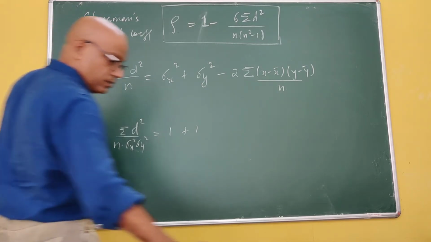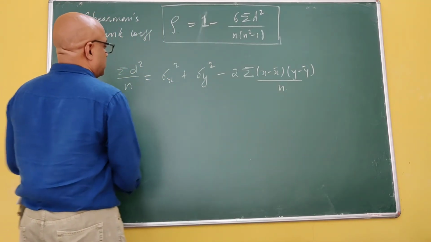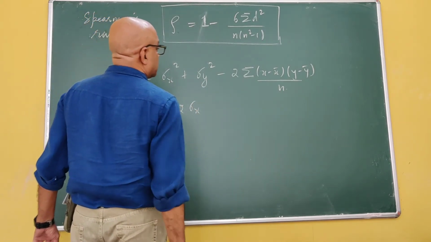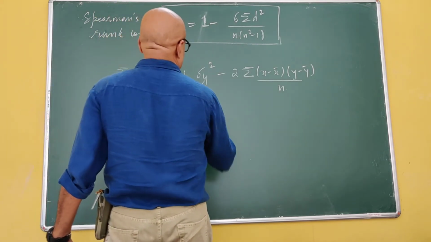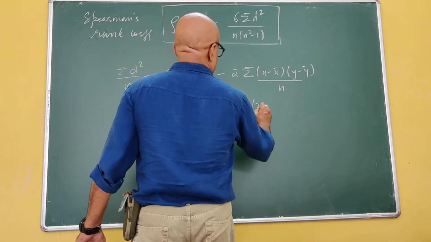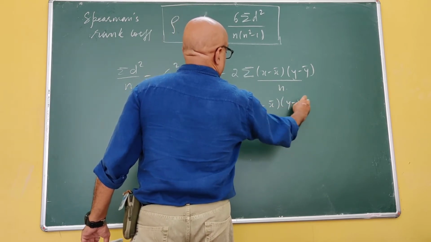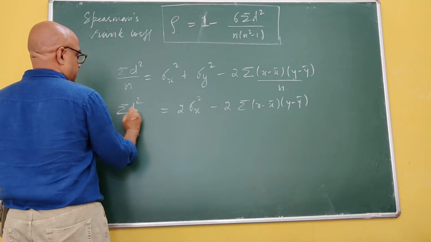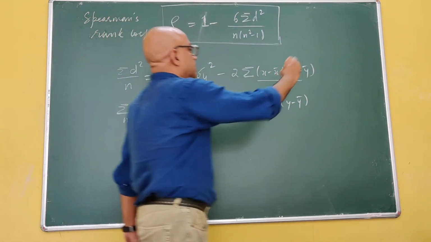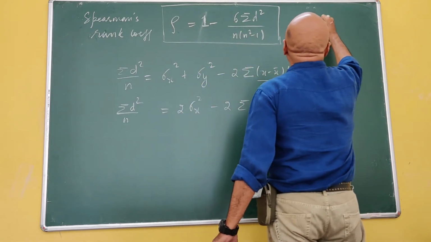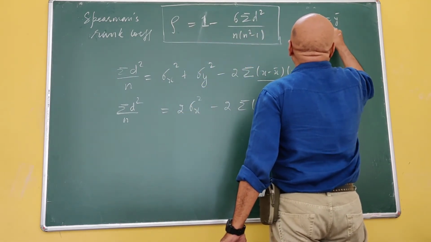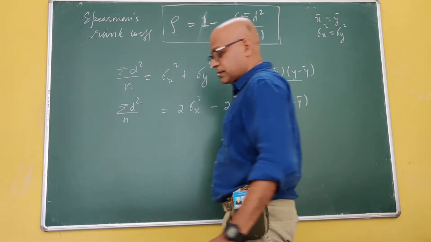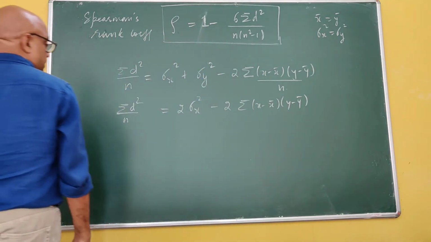Okay. Now what happens, we also know that they are equal. So you might have to write sigma x square minus 2 times summation x minus x bar into y minus y bar, and this is summation d square by n, because I have already shown that x bar is equal to y bar, sigma x is equal to sigma y. Okay.